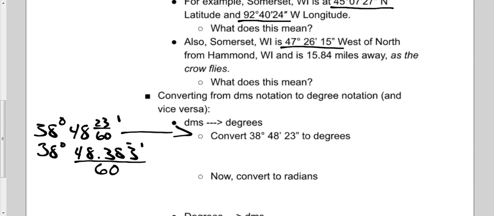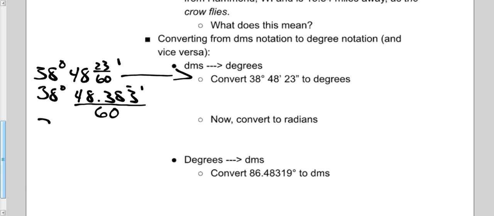So now you do this, and you're going to get about 0.81. So that's 38.81 degrees. Do we see how we did that? No? Come see me after class.